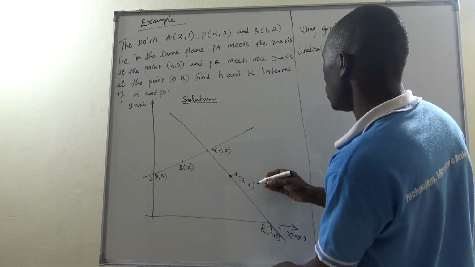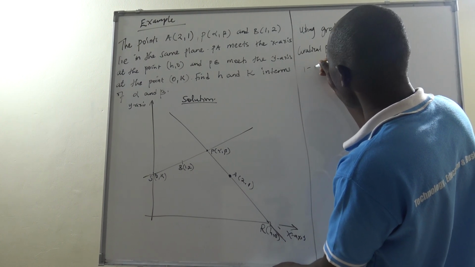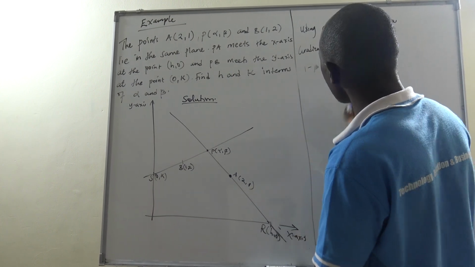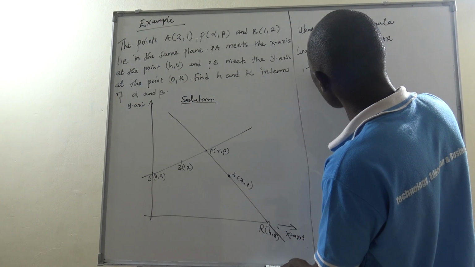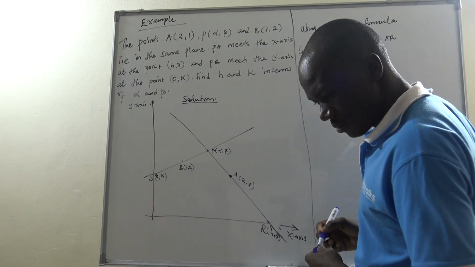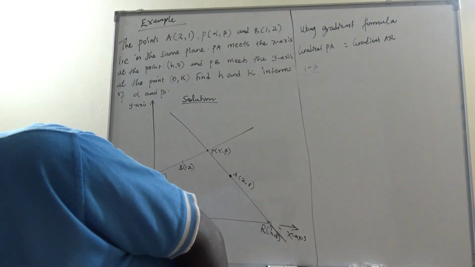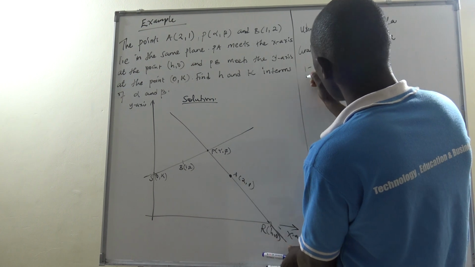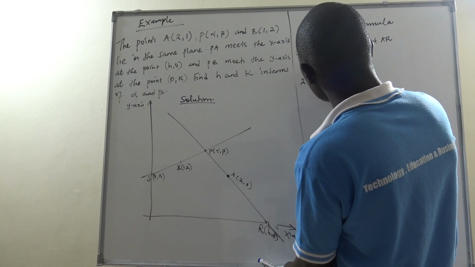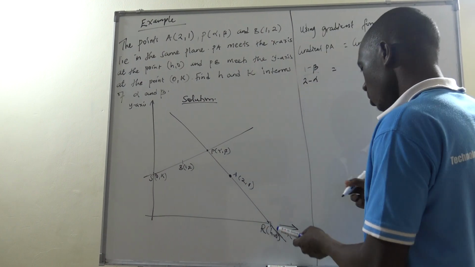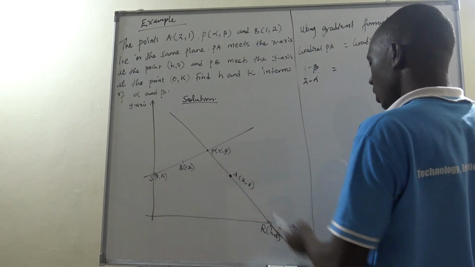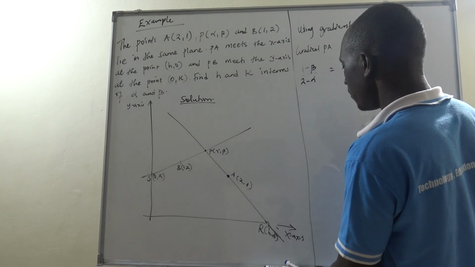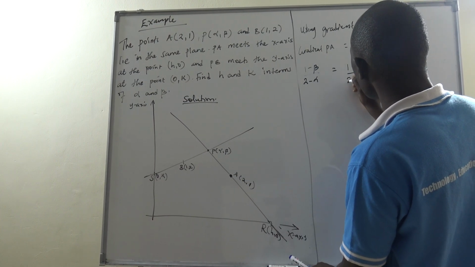For PA, we have change in y, which is 1 minus beta, all over change in x, which is 2 minus alpha. This is equal to the change in AR: 1 minus 0 all over 2 minus h.